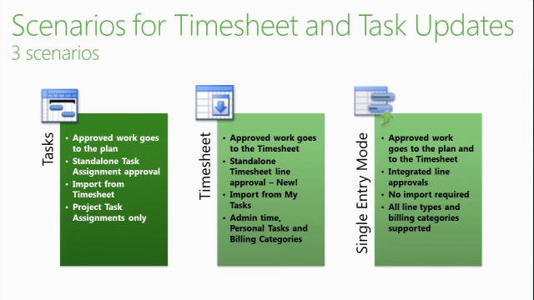And then you will have your project manager approving or rejecting the task updates, doing something with them at least. And then applying the updates to the project plan, saving the project plan, publishing the project plan before anyone can see them in PWA, and before they can be seen in the reporting database, because the action of publishing is the one that pushes everything to reporting. Saving only is not going to do anything to the reporting database.